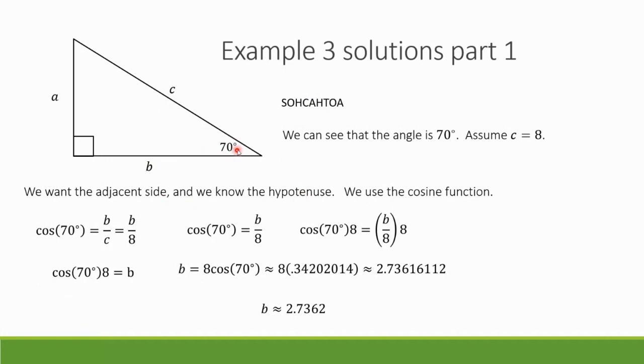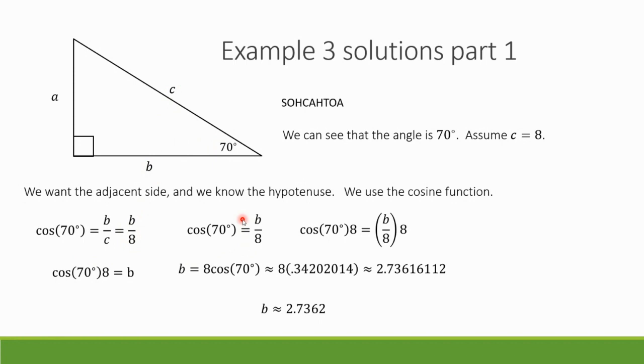Cosine of 70 degrees is adjacent, which is B, divided by C, the hypotenuse. And we know C is 8, so we get this. So really then, we get cosine of 70 degrees is B divided by 8.